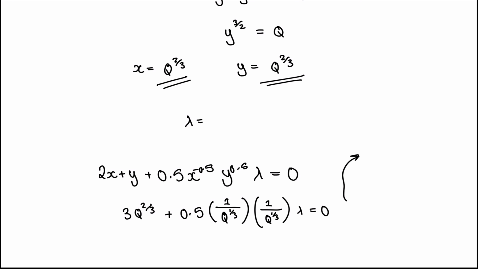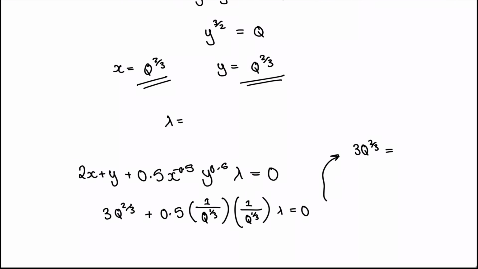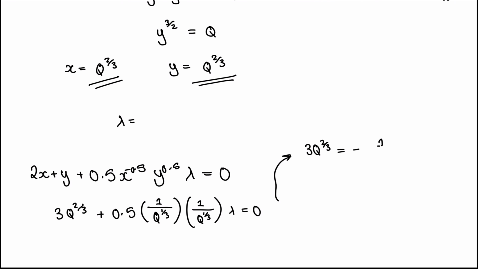So this is 3q to the power of 2 over 3 is equal to minus 1 over 2q to the power of 2 over 3 lambda. So we get 6q to the power of 4 over 3 is equal to minus lambda. So minus 6q to the power of 4 over 3 is equal to lambda.